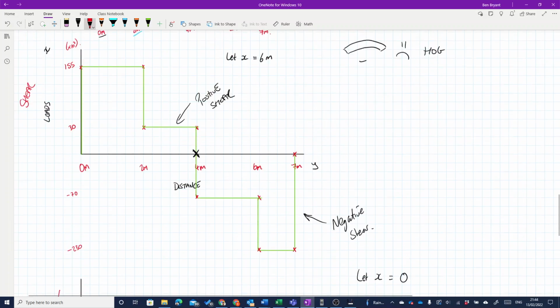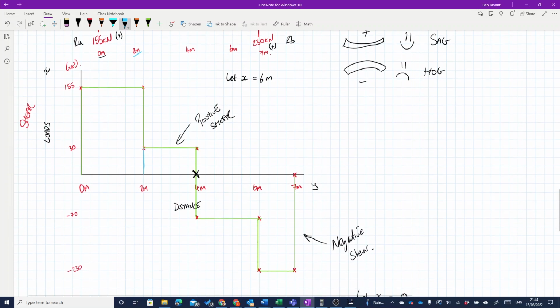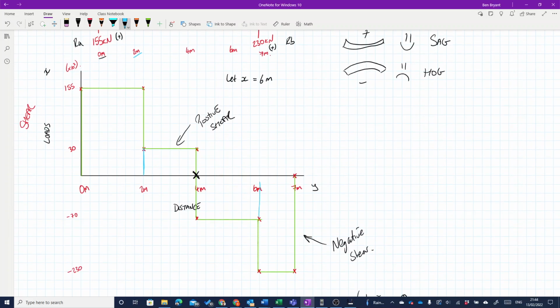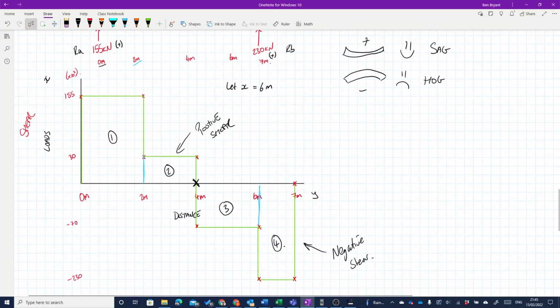We have a force coming up, but it's only a reaction to our next force. What we're going to do now is close off and form 4 rectangles: rectangle number 1, number 2, number 3, and number 4. This is going to symbolise our 4 points on our diagram.